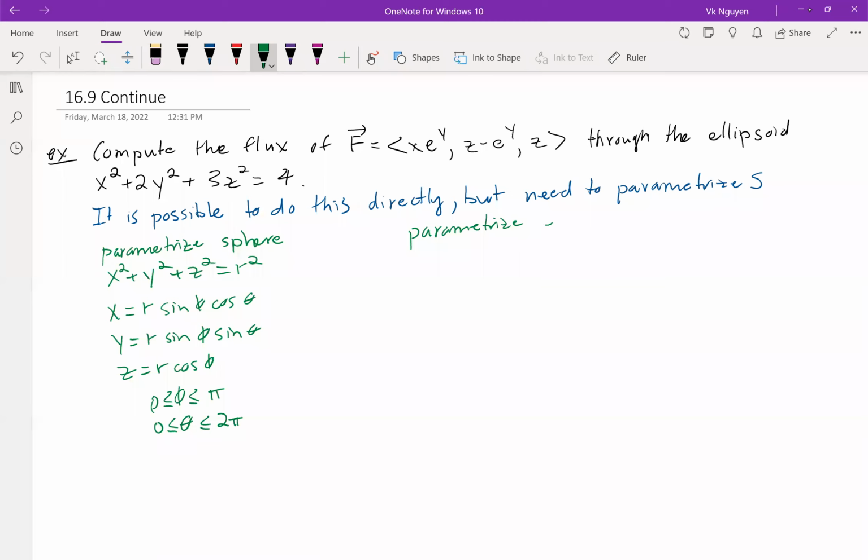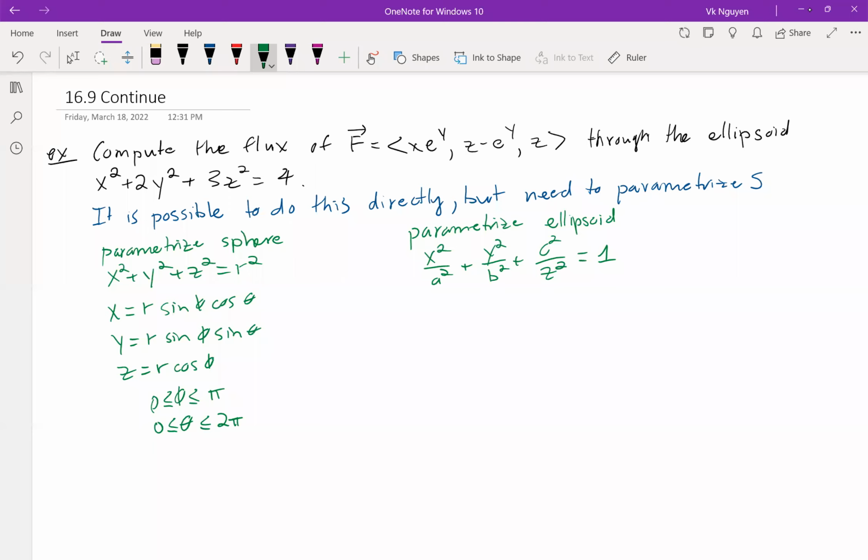Parameterize the ellipsoid: x squared over a squared plus y squared over b squared plus z squared over c squared equals 1.